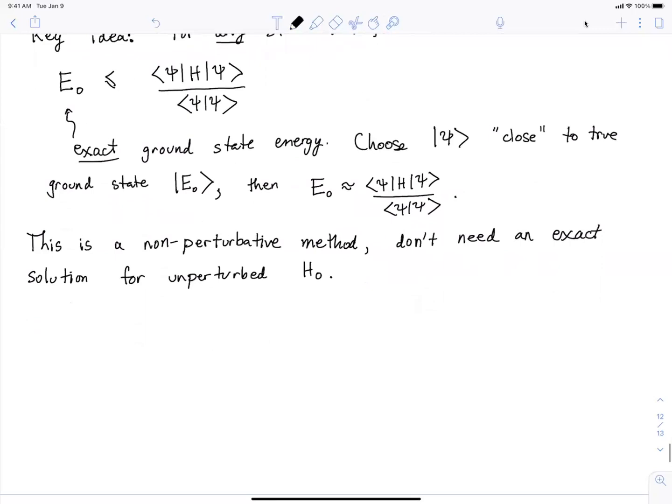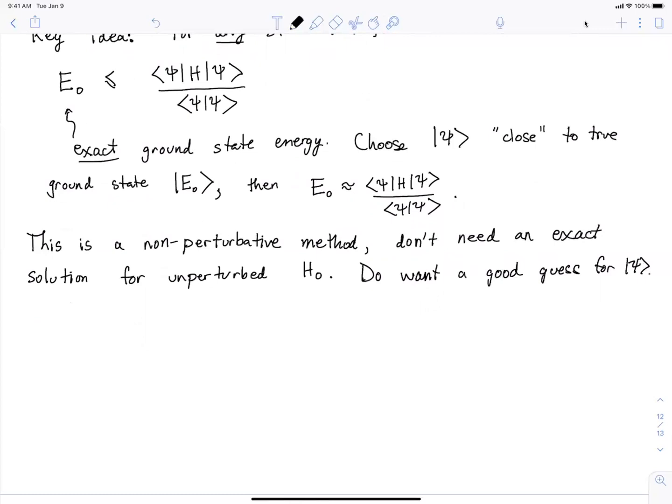On the other hand, you don't get anything for free, so you do want to make a good guess for your state psi. And what's a good guess?